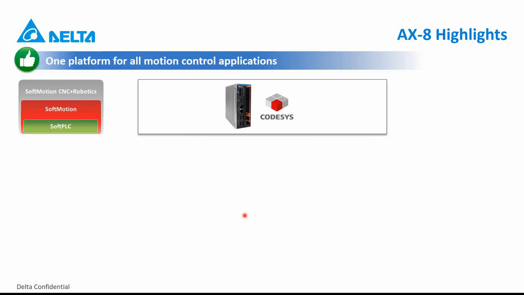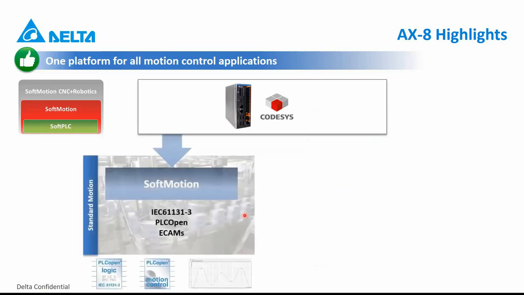One platform for all motion control applications, because there is a soft PLC and soft motion inside, and with additional license there is a soft motion CNC and robotic license as well. And it supports for sure IEC 61131-3 and PLCopen standards and eCAMs. So this is the advantage of the soft motion.